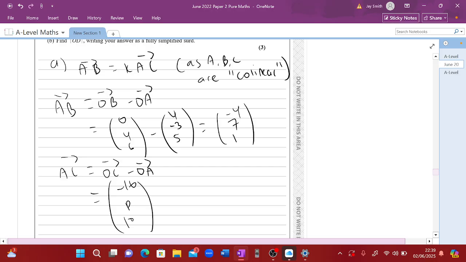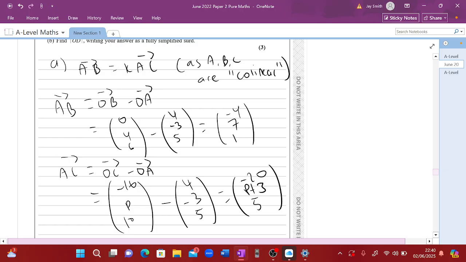We can write this in column vector form, so i, j, and k correspond to x, y, z, the top, the middle, and the bottom number. And then minus A here is, again, 4, minus 3, and 5. And that will be minus 16 minus 4 is minus 20. p minus 3 is p add 3. And 10 minus 5 is 5.